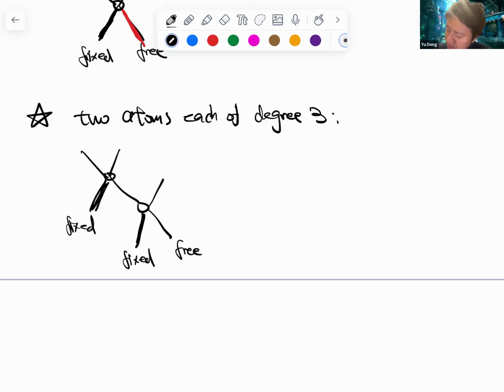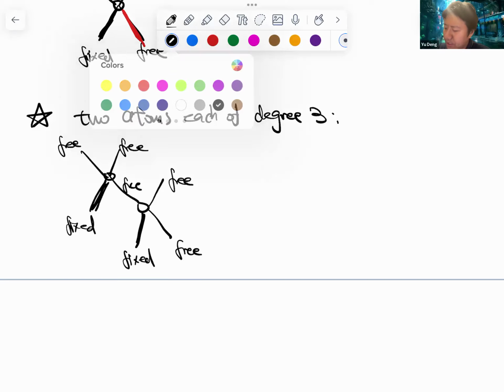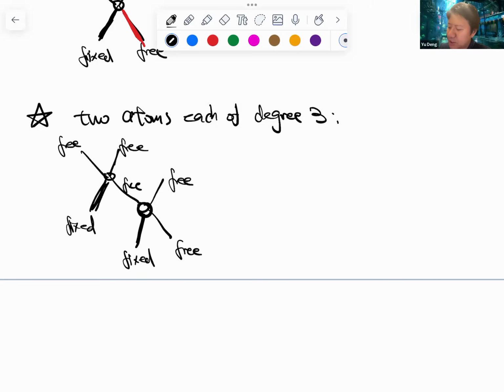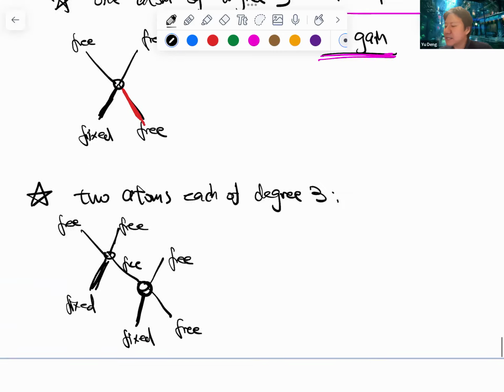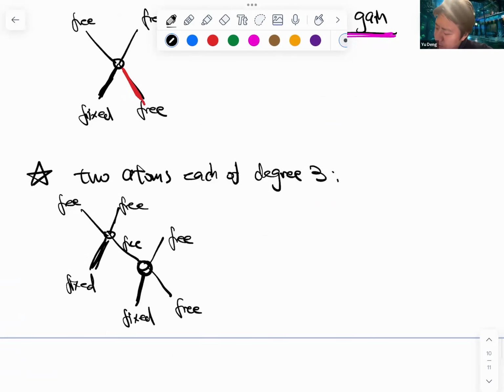The others are free. Then you see each atom is going to have 3 free edges and 1 fixed edge. And what does this mean? This is a good component, which we call the 3-3 component.